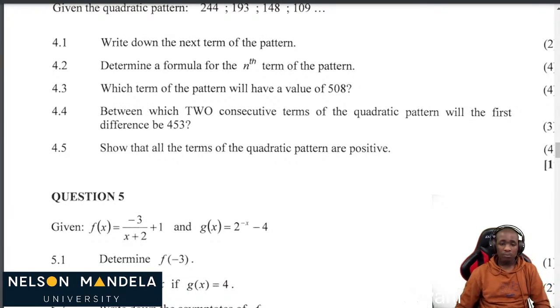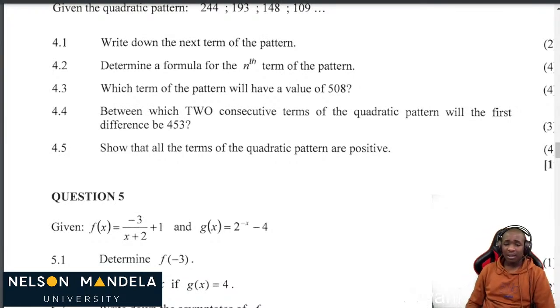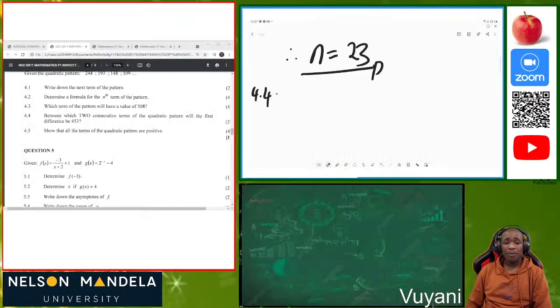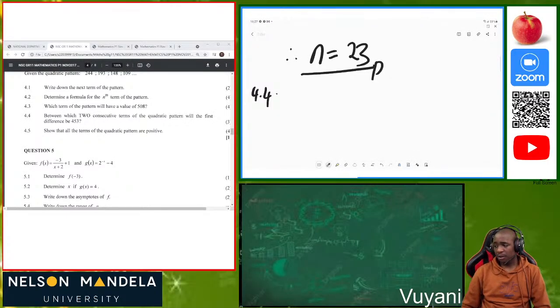Between which two consecutive terms of the quadratic pattern will the first difference be 453? So for the fact that they've already told us that the first difference will be 453, it means they've already given us Tn, which is equal to 453.